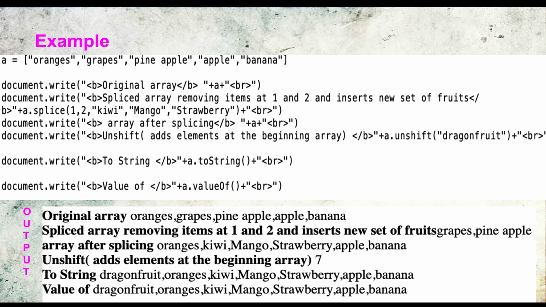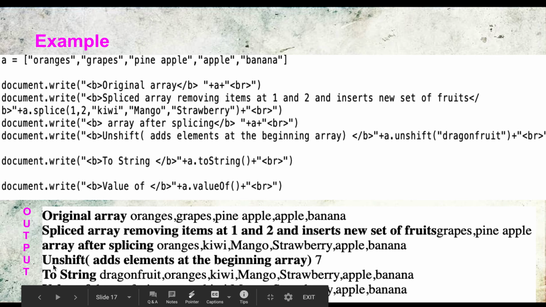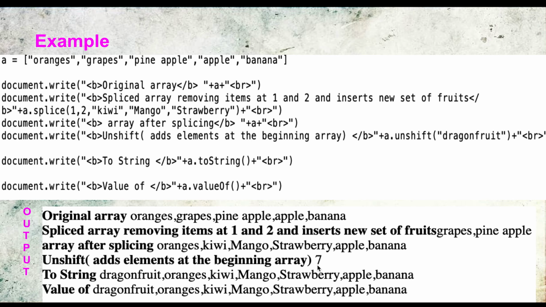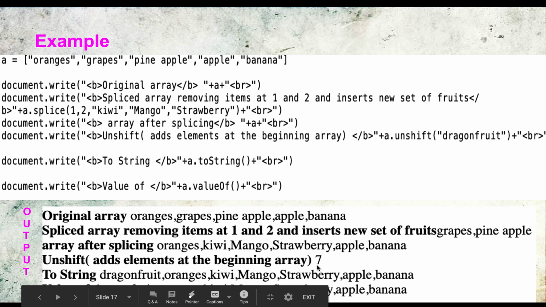In the fourth line of the output, it displays 7. Previously it was 6 elements. Now when we add dragon fruit to it, it displays the number of elements as 7. That is the output of unshift.